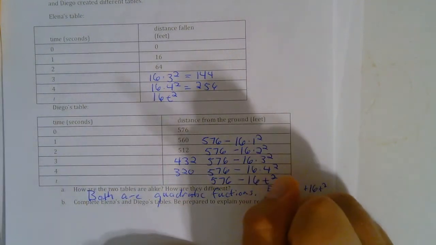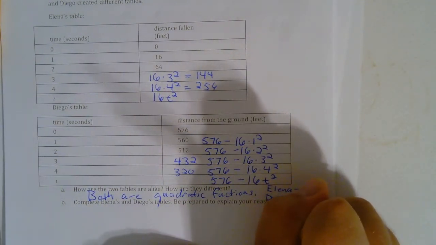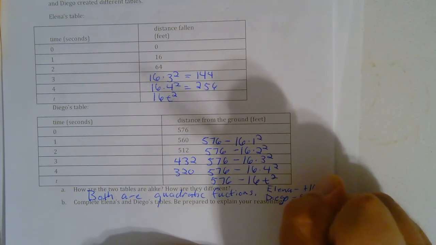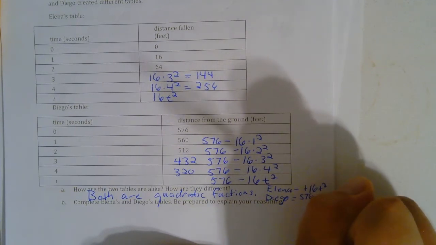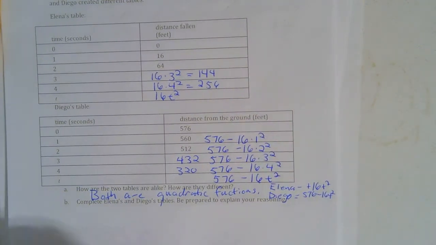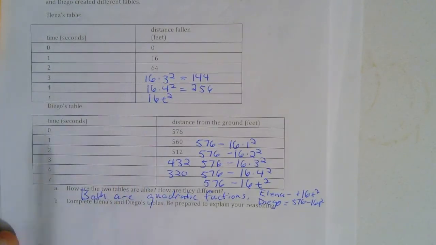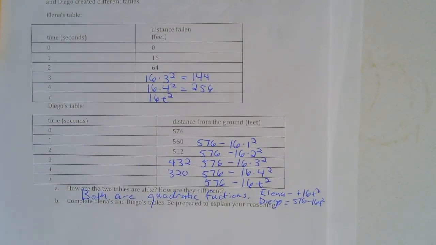And then Diego, he takes the height, 576, and then subtracts 16t squared. And then we completed the table, so we now have all parts of the assignment done.